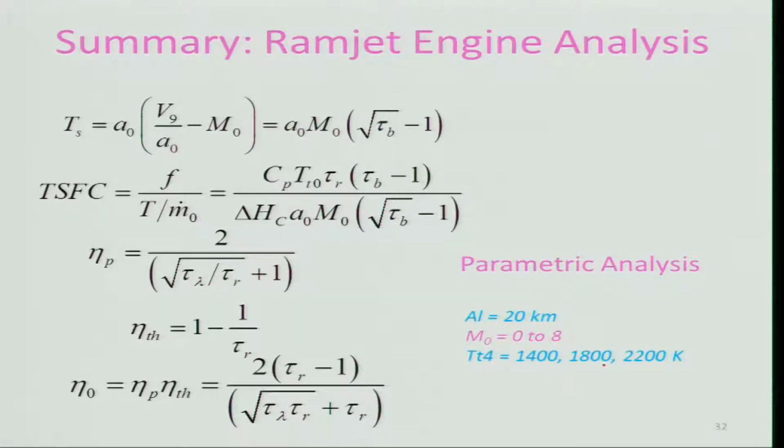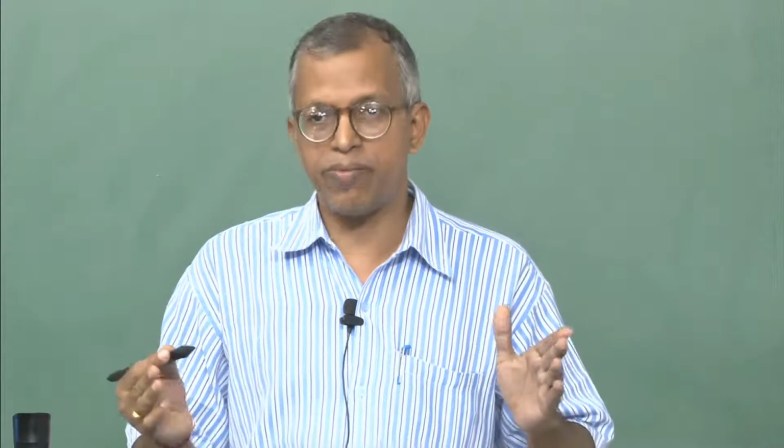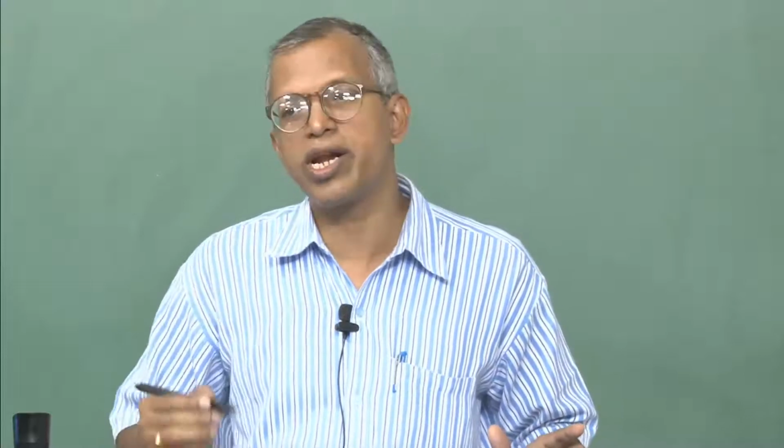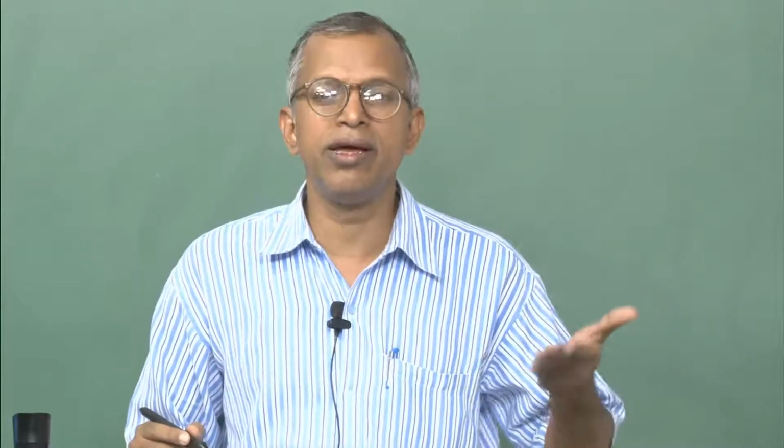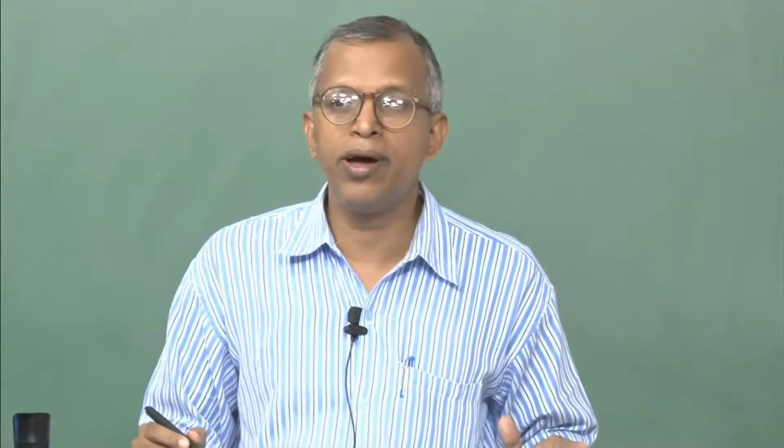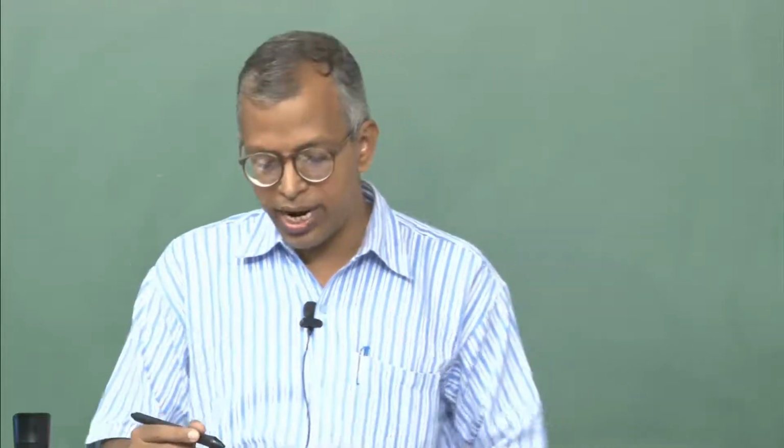We have taken 3 values: 1400, 1800, 2200 Kelvin. Let us vary this, using these equations in a computer program to do a lot of calculation. One can do it by hand, but generally you can write a small program, generate data, plot it and see how it is varying and analyze those data also.